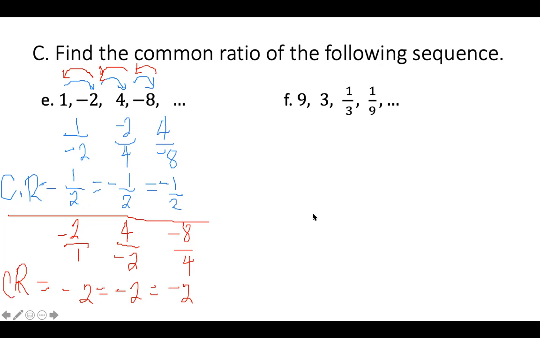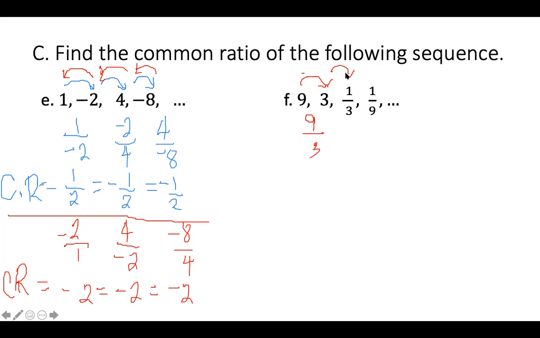Now let's move on to letter F. So here, let's solve and let's find the common ratio if there is a common ratio. So we're going to use the first number as the numerator. So it becomes 9 over 3. The second number becomes the denominator.